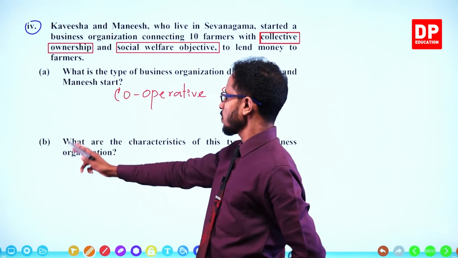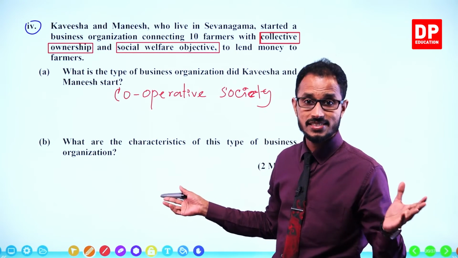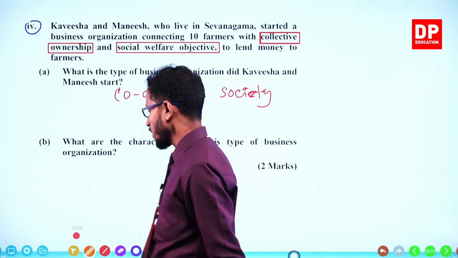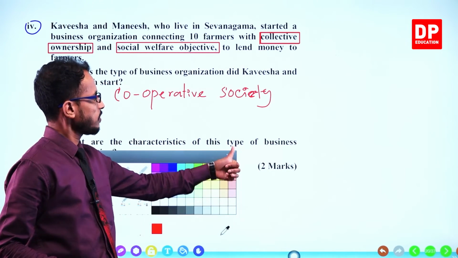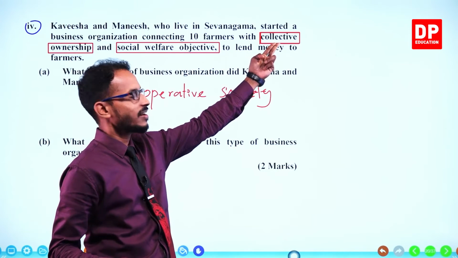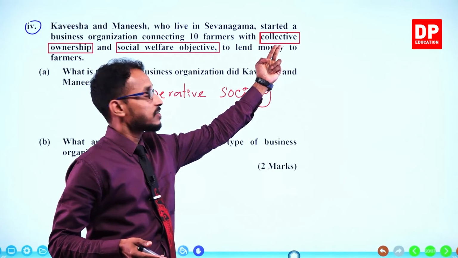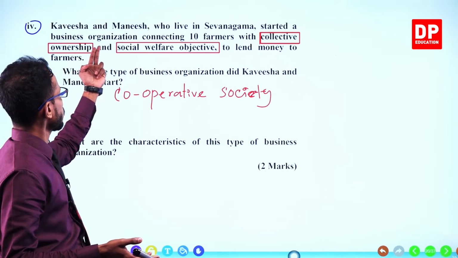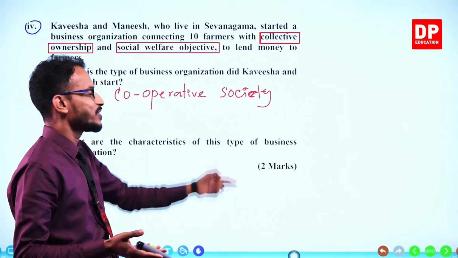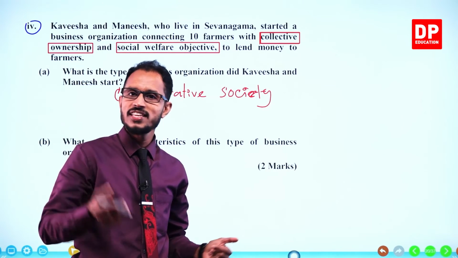Got it? What are the characteristics of this type of business organization? They are asking now characteristics. 2 characteristics are already given. I have already noticed and marked the characteristics. Those are the keywords. Collective ownership, social welfare objective. In the question itself, you can find the answers.